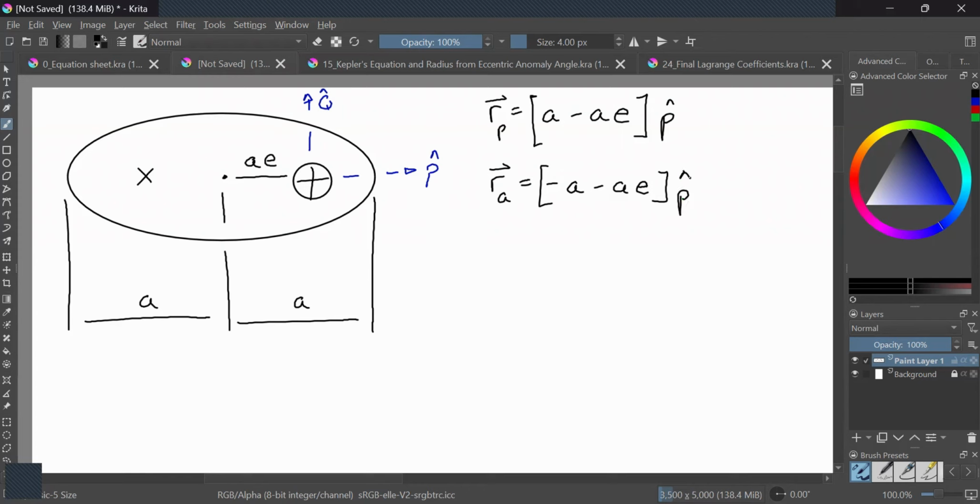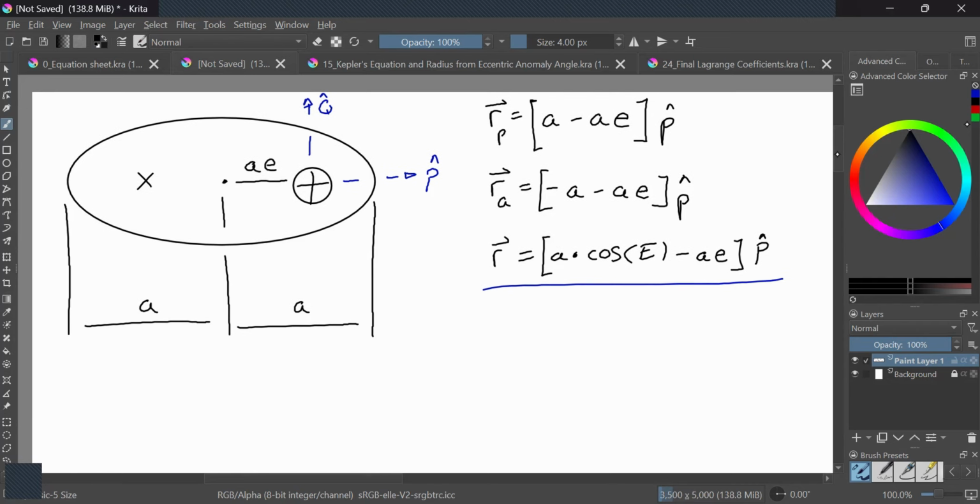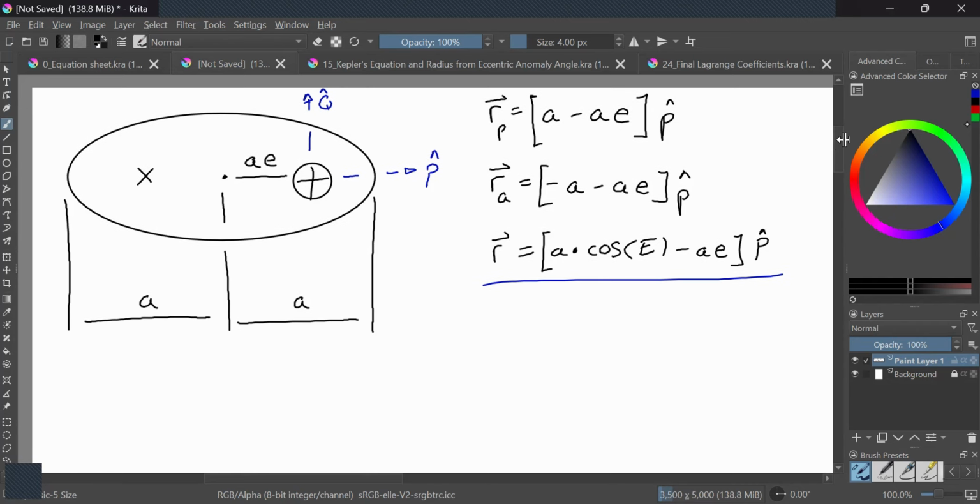Having done all of this, we can see that our position vector in the P direction is going to be a times the cosine of the eccentric anomaly angle minus a times the eccentricity. That needs to be capital P. And because we're dealing with vectors, we also need to know what's going on in the q direction. I don't need to scroll yet.